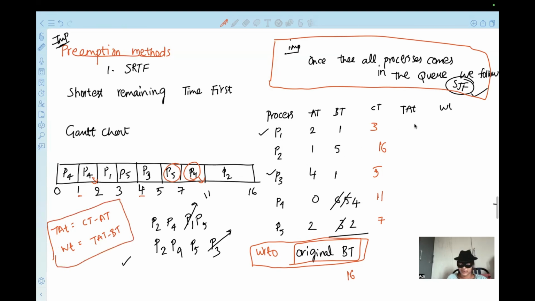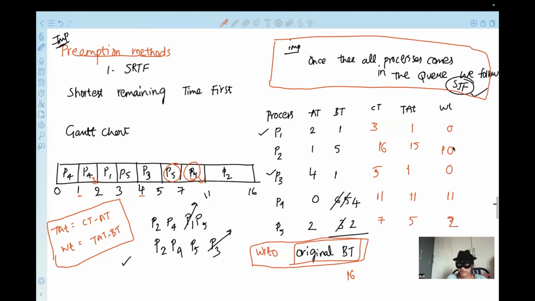So turnaround time, completion time: 1, 15, 1, 11, 7 minus 2 is 5. And waiting time, turnaround time minus burst time: 0, 10, 0, 11, and 5 minus 2 is 3. Oh, 5 minus 3 is 2.